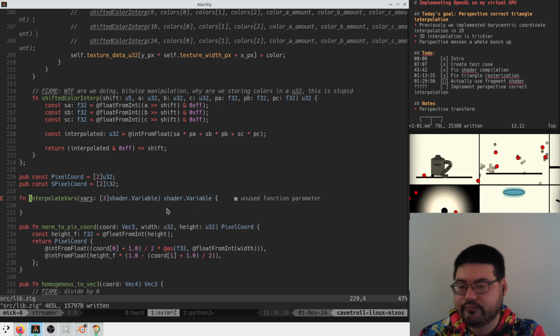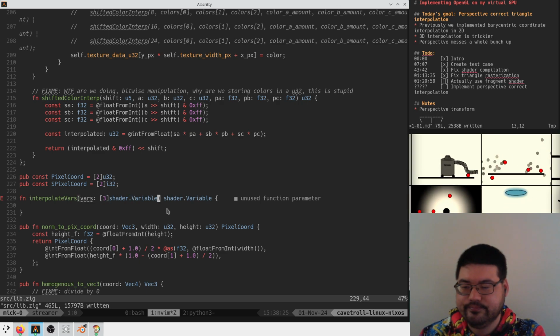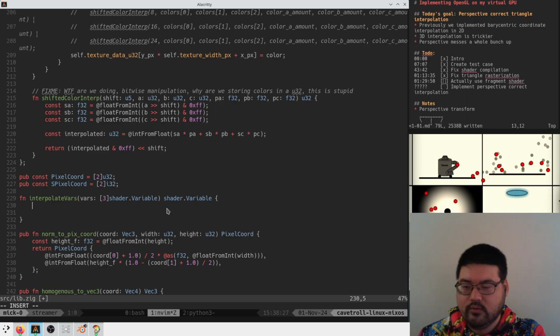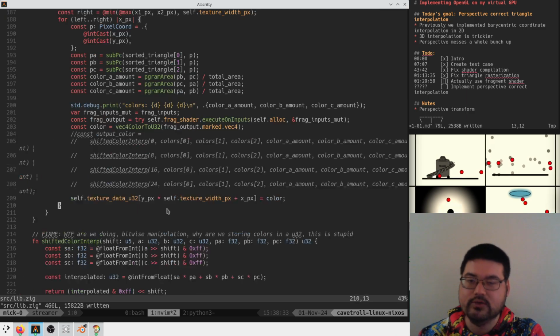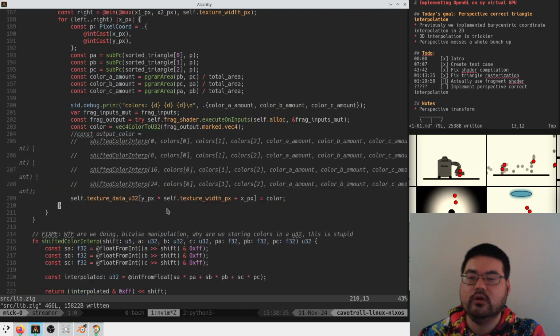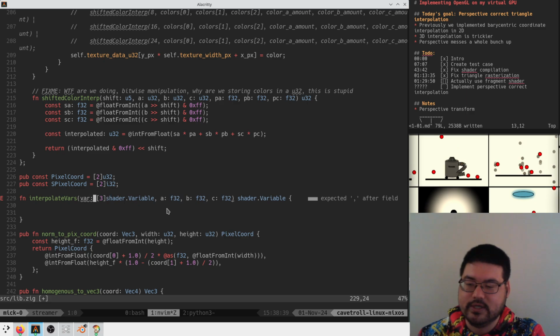And it's going to take in the A, B, and C: how much of each of these things should be used? And maybe this will be a single variable.